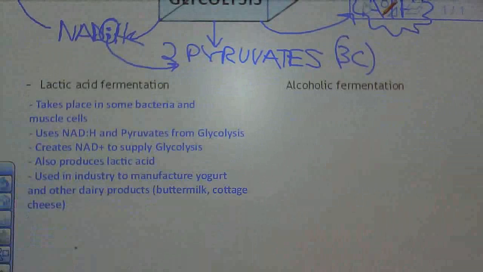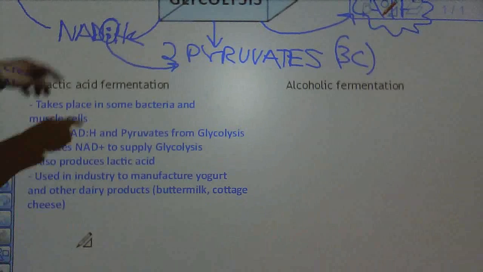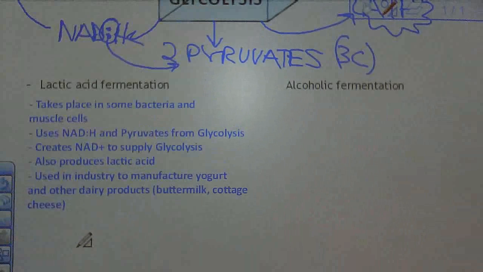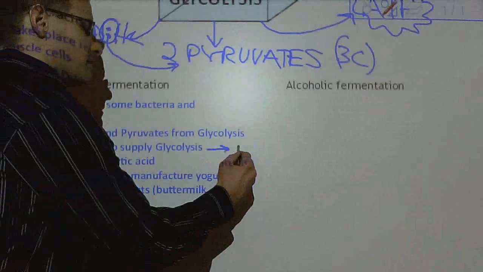Alright, next up is lactic acid fermentation and kind of its basic parts. It takes place in some bacteria and in our muscle cells. It uses NADH, again an electron carrier, dot dot, and pyruvates from glycolysis. You just saw that up here in the diagram. It creates NAD+ to supply glycolysis, again, so that more ATP is being made.